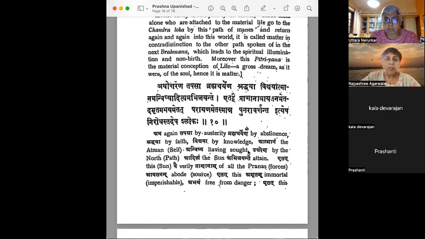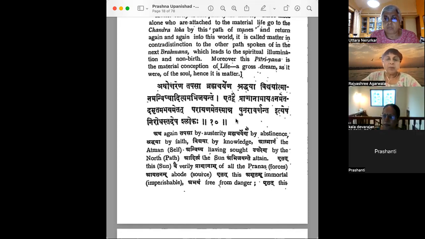So such people, following the Uttarayan path using the Tap, Brahmacharya, Shraddha and Vidya and searching for the soul, for the Atman, they discover the Atman, which is the Prana of Pranas, eternal or immortal, and it is fearless because it has nothing to fear since it has nothing to lose. So they reach the ultimate goal of the soul, and once they reach there, they achieve moksha and are liberated from the cycle of birth and death.